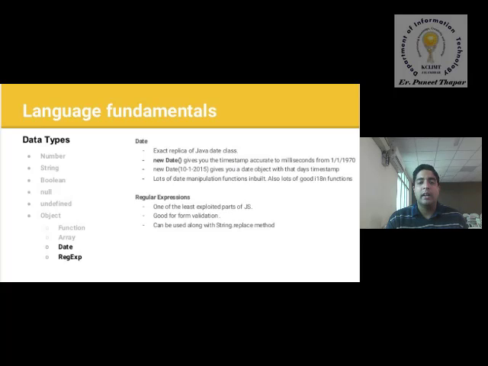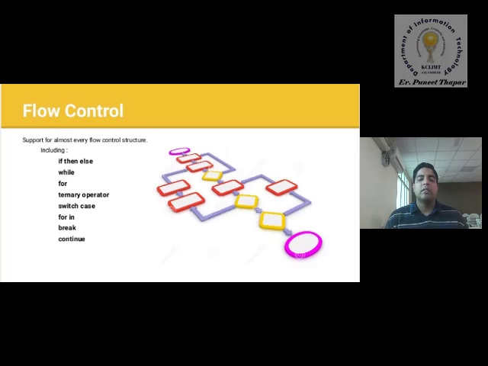And next is date. Date is also an object that defines the system date, time, day, and seconds. Every piece of information is registered with the help of this. And regular expression is also an object. Various types of regular expressions used for validation purposes are also supported by this language. And next we will discuss flow control mechanisms.